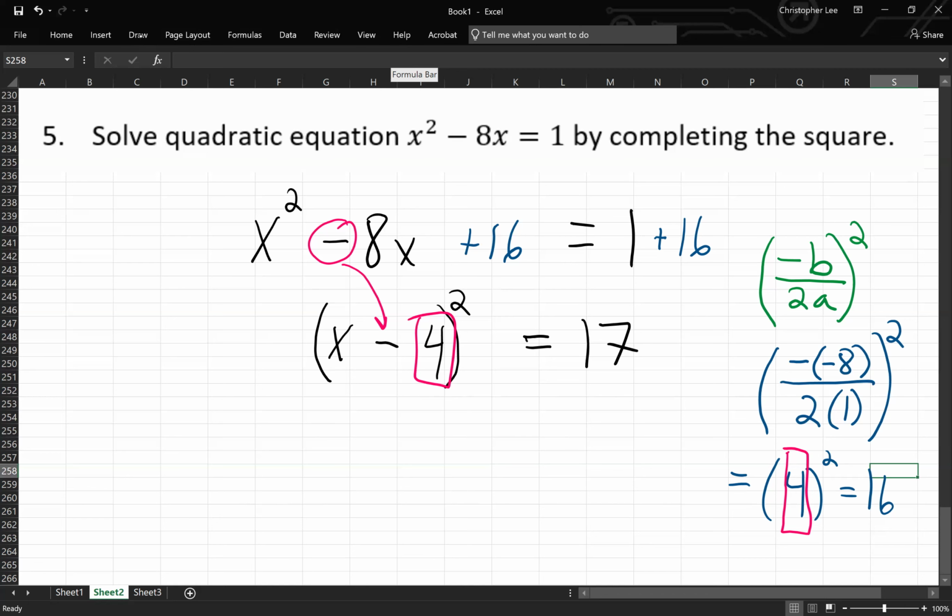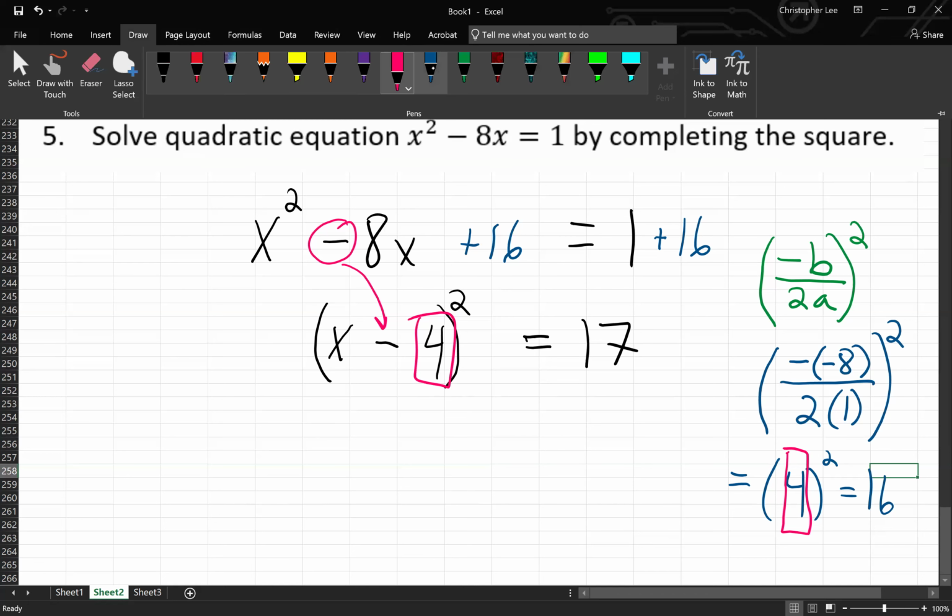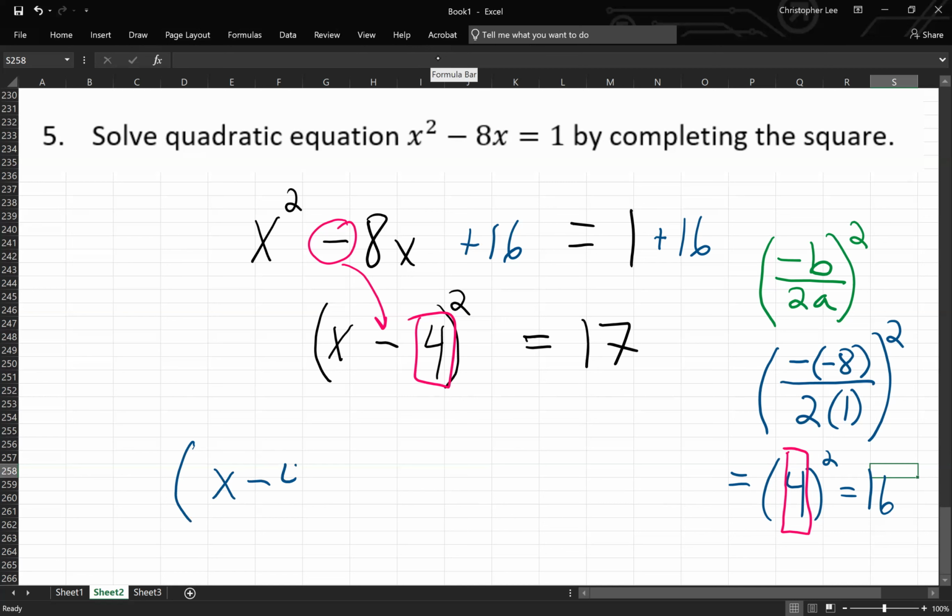Anyway, let's get back to our regular program. So I got x minus 4 squared is equal to 17. What do I do after that? Square root. Good. Want to get rid of this, and what I do to one side, I have to do to the other.